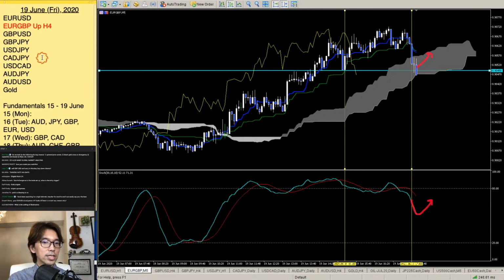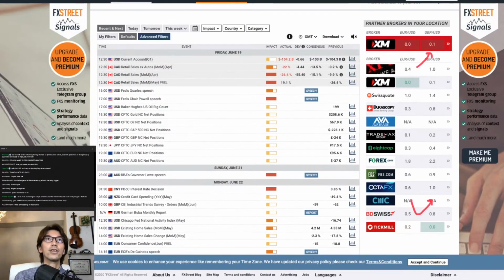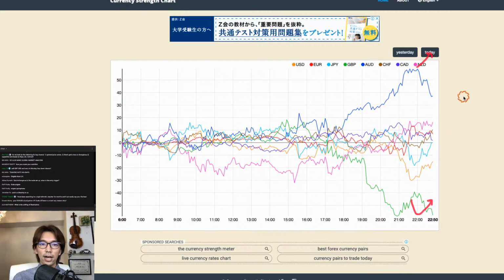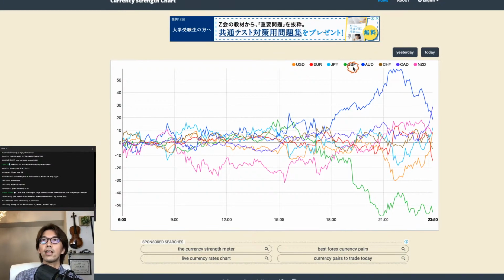All right, GBPUSD is going down. So we'll see that one. GBP is currently weak right now, right? If you look at the currency strength chart, GBP is the green one, and currently it's going down. It's on the lower level right here.